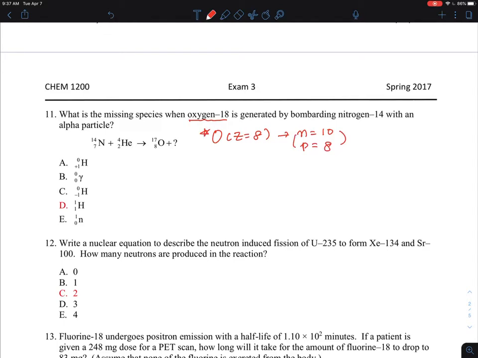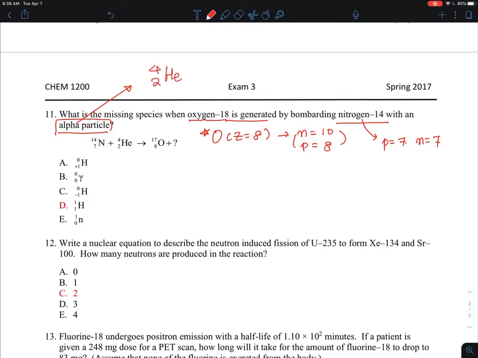Okay. So what is the missing species when oxygen 18 is generated by bombarding nitrogen 14? When you say nitrogen, the number of protons is 7. And because it's 14, the neutron number is, not 14, the neutron number is 7. And then it is bombarded with an alpha particle. I guess this one is testing whether you have an idea about what an alpha particle is: atomic number 2 with a mass of 4.